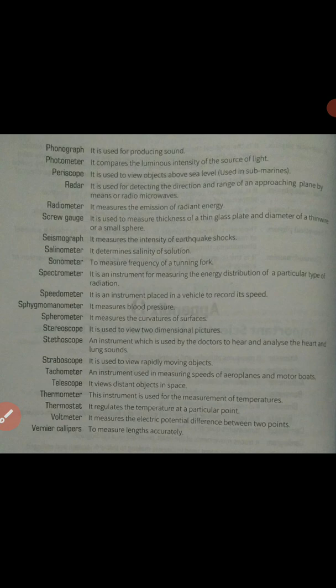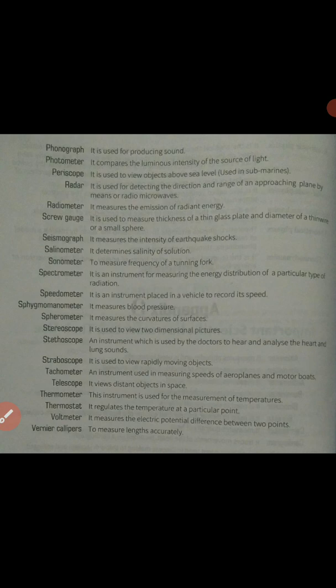Then, seismograph. It measures the intensity of earthquake shocks. Seismograph is generally used to measure the intensity of earthquake shocks.